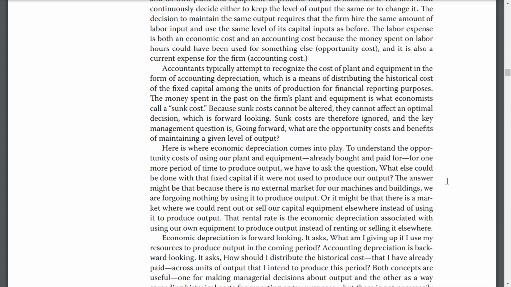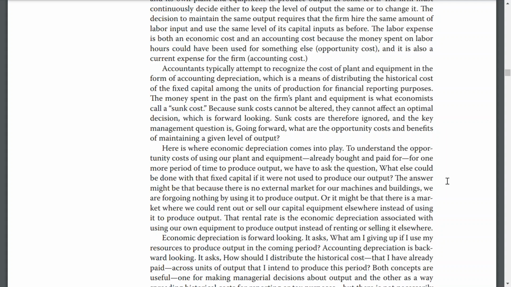The money spent in the past on the firm's plant and equipment is what economists call a sunk cost. Because sunk costs cannot be altered, they cannot affect an optimal decision, which is forward-looking. Sunk costs are therefore ignored, and the key management question is, going forward, what are the opportunity costs and benefits of maintaining a given level of output?